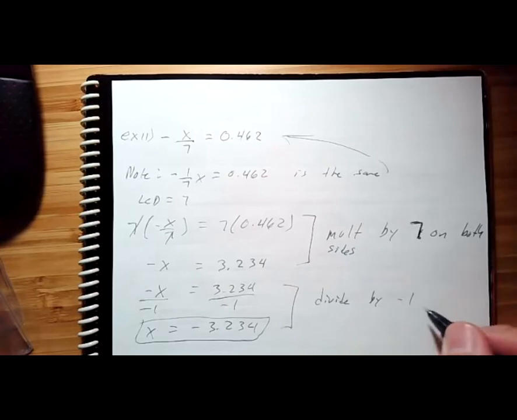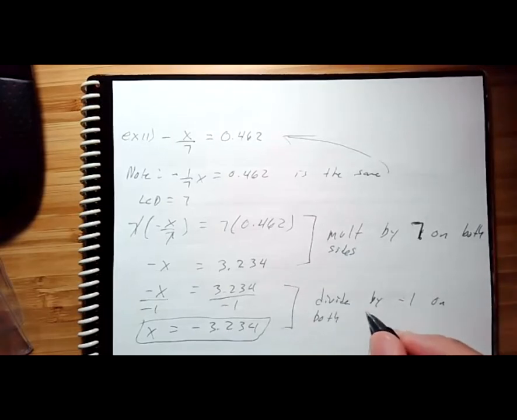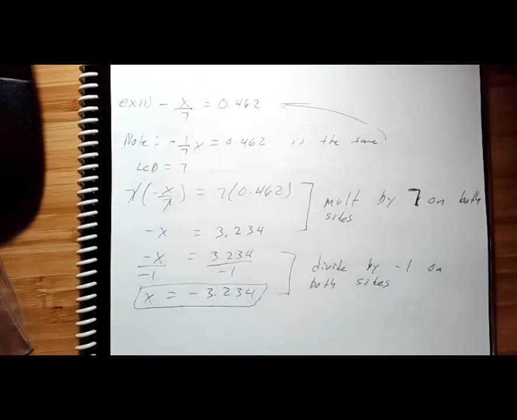Divide by -1 on both sides. Any questions on this? That's straightforward.